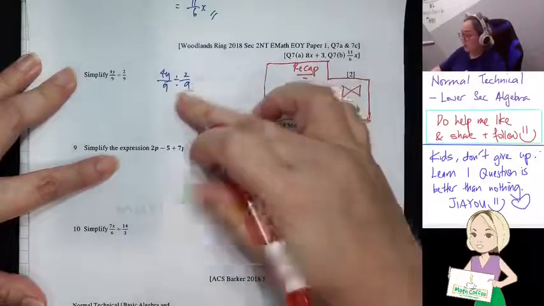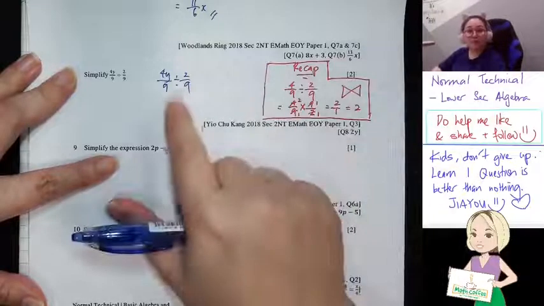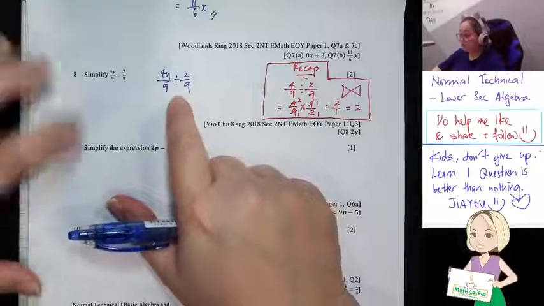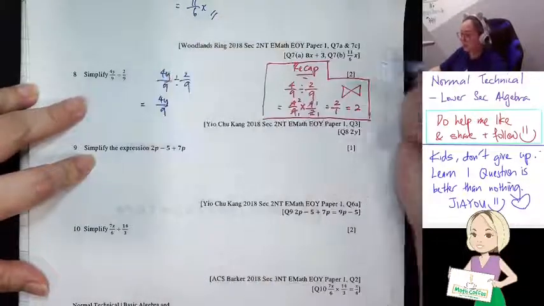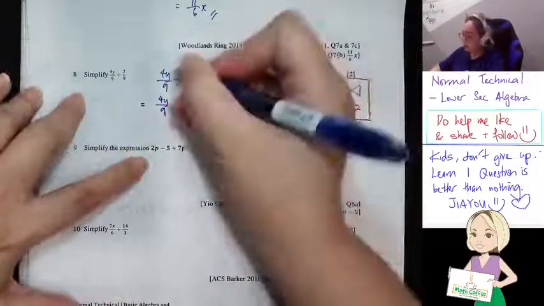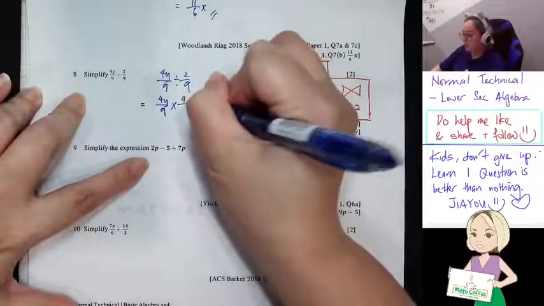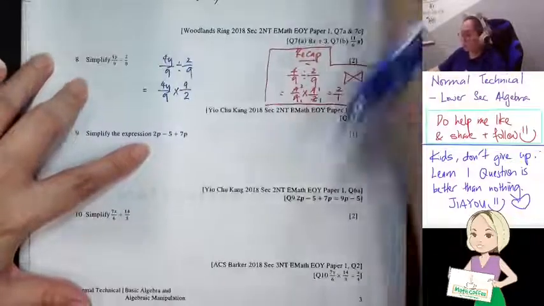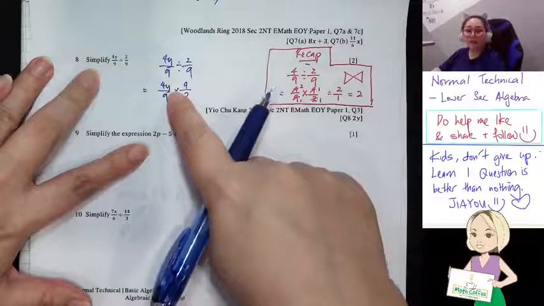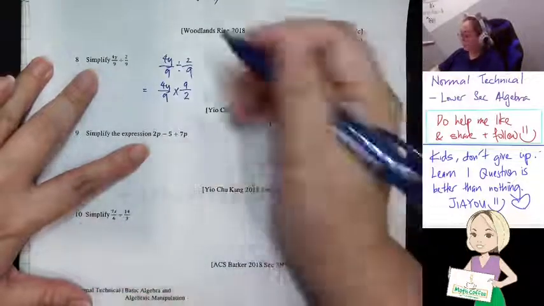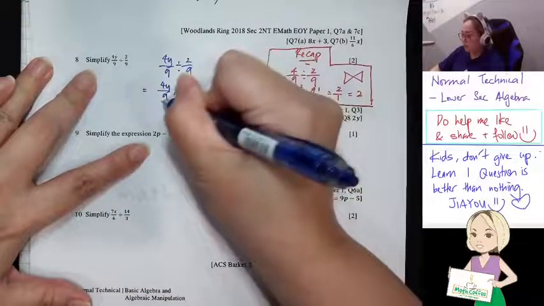So now back to here, this is algebraic. In terms of algebra division, right? So how do we do? Same thing, I'm going to keep 4y over 9 the same. Change divide to multiply. So it's 9 over 2. So you also do the ribbon thing by cancellation. But take note, you cannot cancel the y. The y, you just keep it there, don't touch it. So divide by 9 gives 1, divide by 9 gives 1.